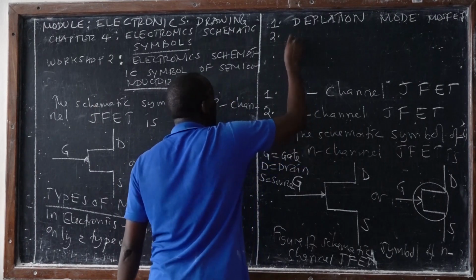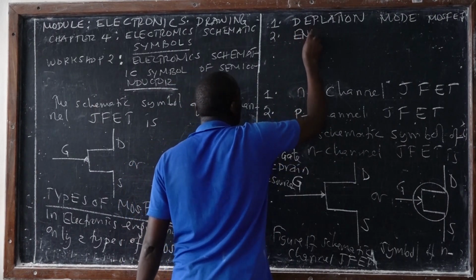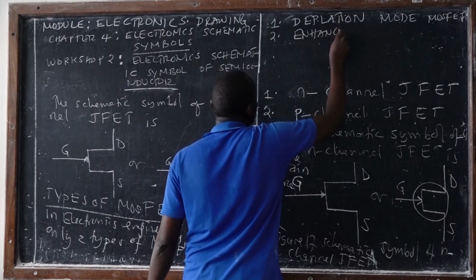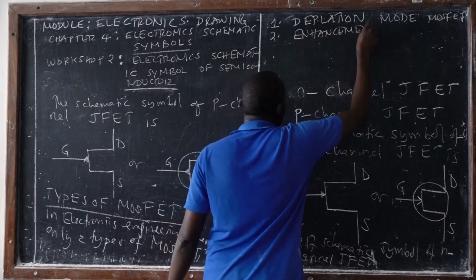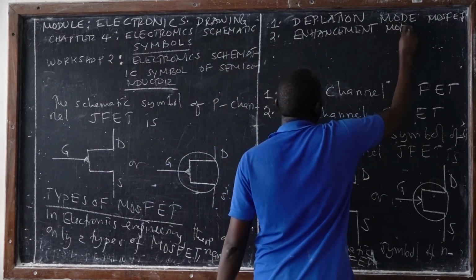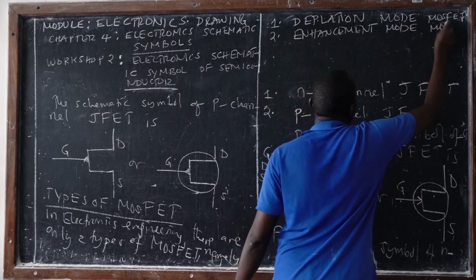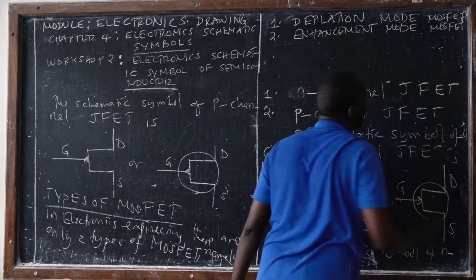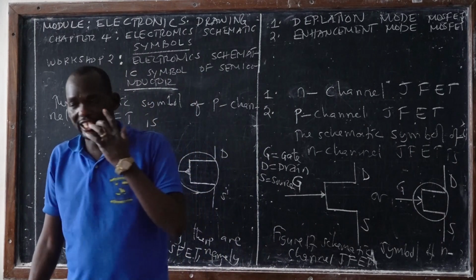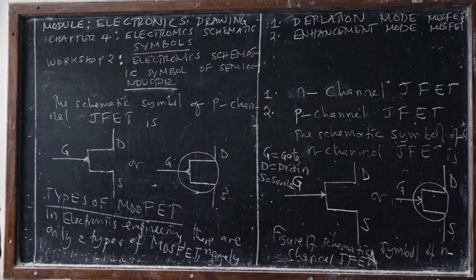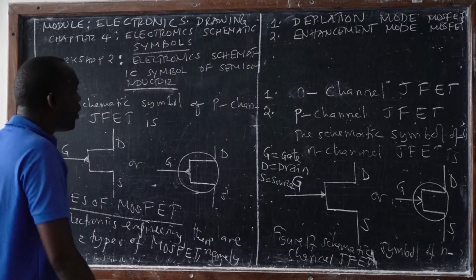And the second one we call enhancement mode MOSFET. So say depletion mode MOSFET. Enhancement mode MOSFET.